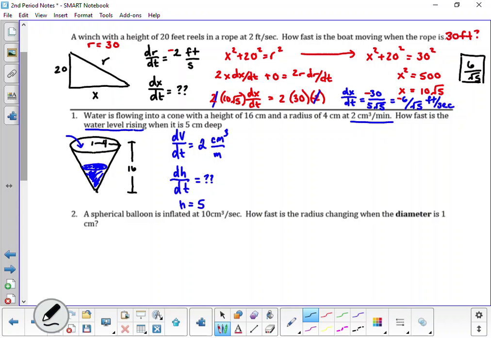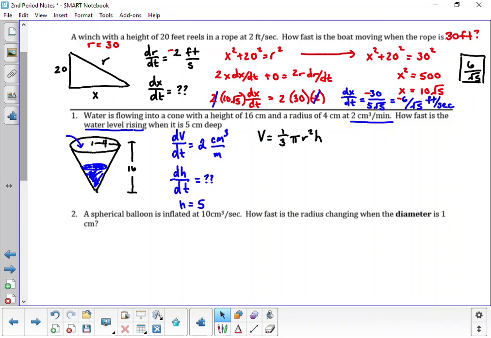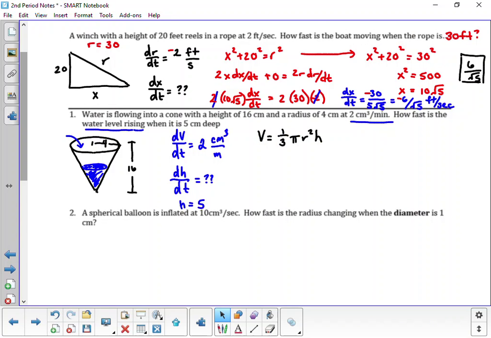So the equation for volume of a cone is, do you remember? One-third pi r squared h, yes. Okay, now here's the problem. If I took the derivative of this, first of all I would have to do product rule with this r and h.